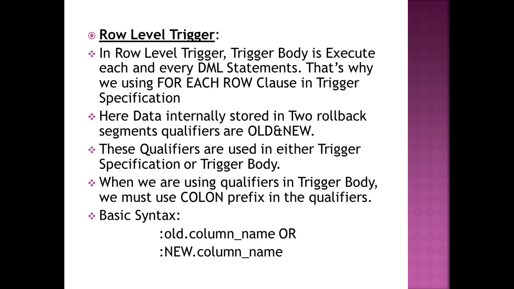That is the old data. Whenever you enter new data, it is stored separately in another part. These are the qualifiers we use. There are two rollback segment qualifiers we use in a row level trigger: the old qualifier and the new qualifier. Old qualifier means old data, new qualifier means new data.